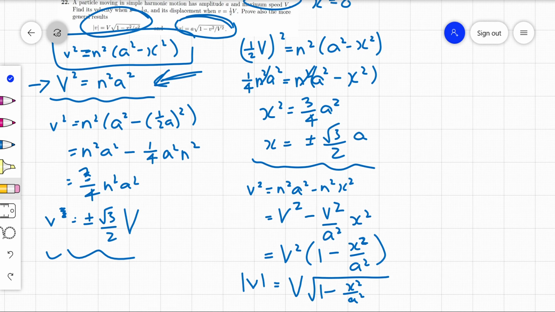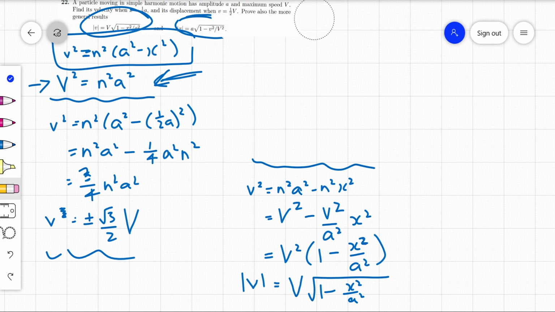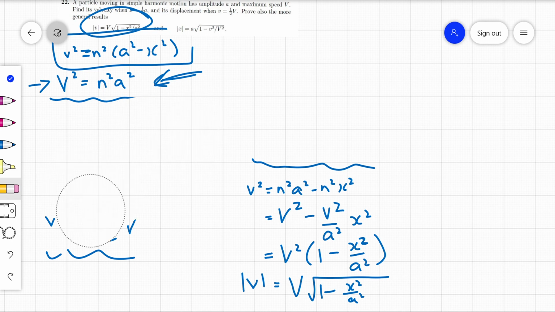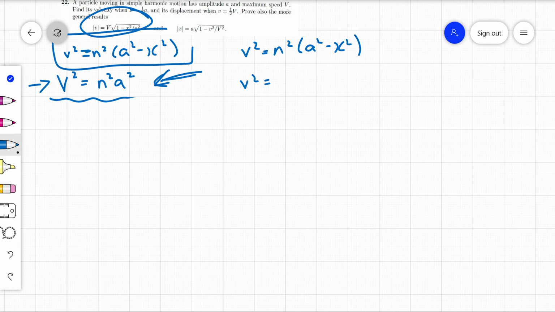So if we start again with v squared equals n squared, a squared minus x squared, think about what you want to get rid of. So v squared is, with n squared a squared being our capital V squared, and then again we have n squared x squared, and we want to get rid of that.